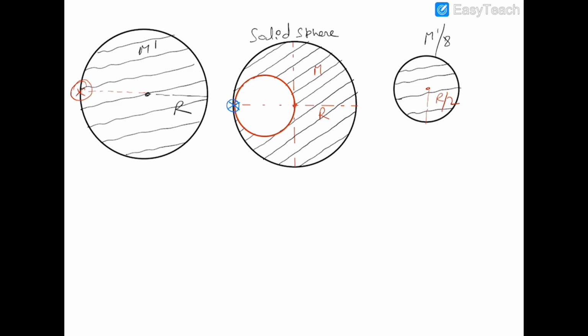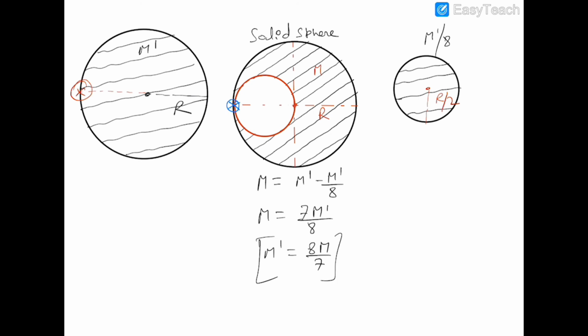Now the mass of the solid sphere formed by removing the smaller sphere from the bigger one is m, and therefore m equals m dash minus m dash by 8. So m equals 7m dash by 8, and therefore m dash equals 8m by 7.